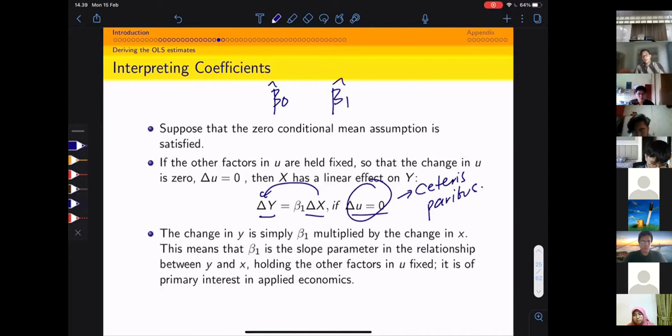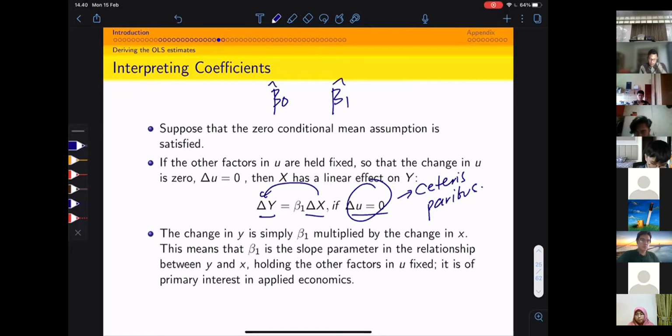If you think about it, this is like an experiment. You change the value of X, and conditional on the value of beta 1, you can predict the change in Y. This is a very powerful result. You change the value of one particular variable, X, and see the effect on Y, which is quite interesting.